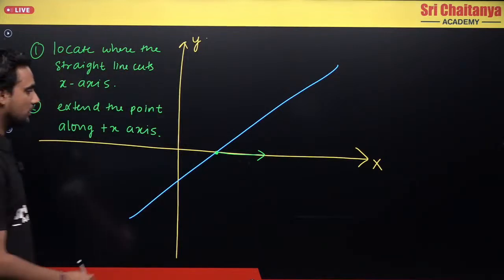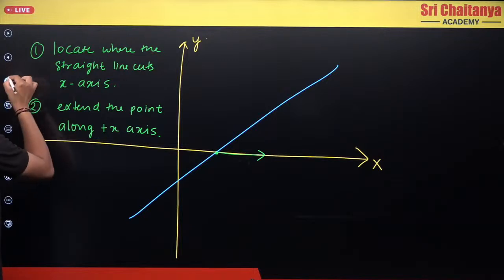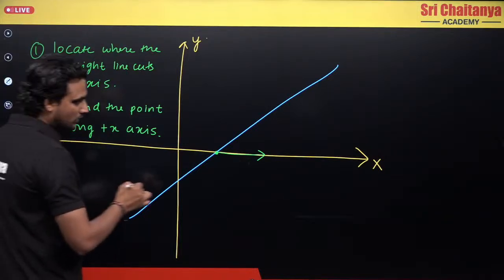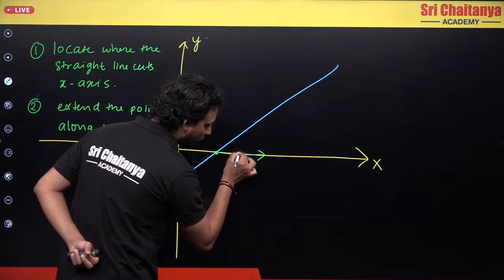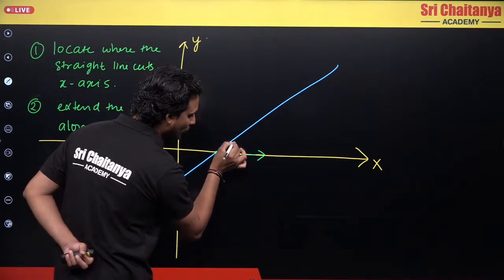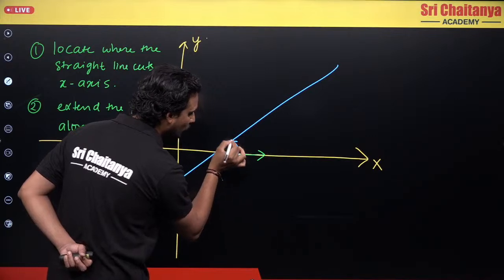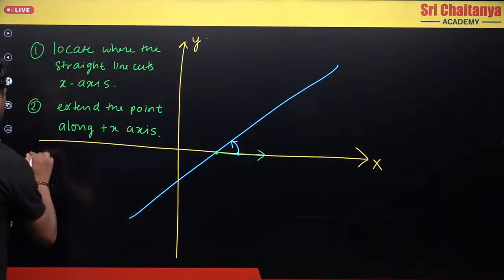I have extended the point along the positive x-axis. Now, third, you start from this extended line along the x-axis and rotate anti-clockwise until you reach the straight line. So what is the third point?